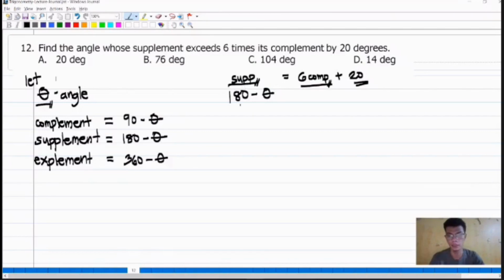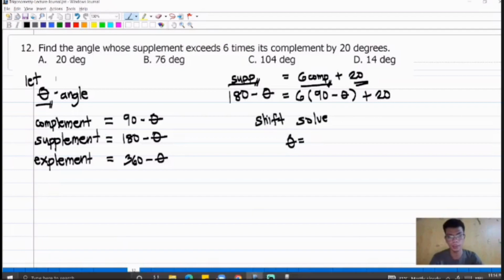So, the supplement is 180 minus theta. That is equal to the 6 times the quantity of the complement, where the complement is 90 minus theta, plus yung 20 na in-exceed ng ating supplement. So dahil one unknown na lang naman meron sa ating problem, let us proceed to shift solve.